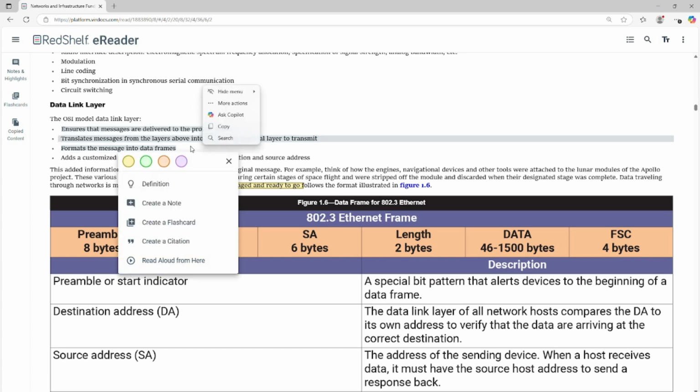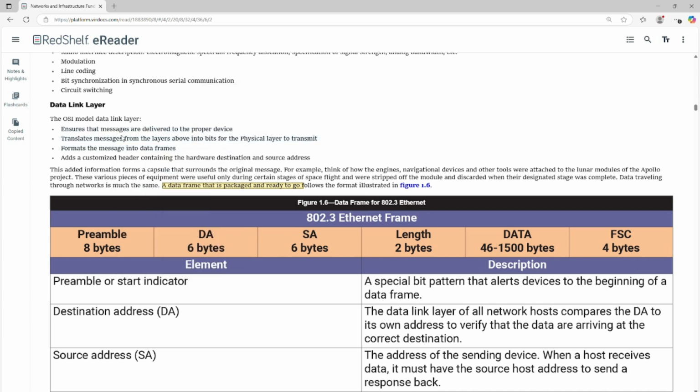Those are its responsibilities. So it translates, it formats. So keep that in mind. It also adds a customized header containing the hardware destination and source MAC address.